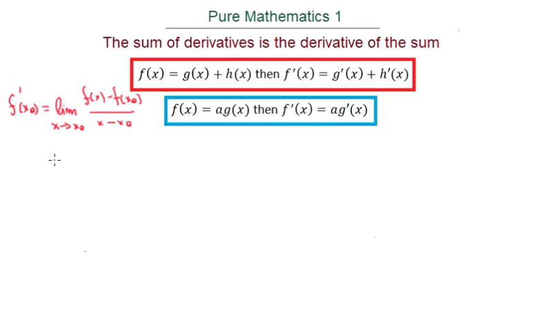Well, let's see. We'll take the case of a function f of x, which is 3x squared plus 5x. We will remind ourselves what we've learned previously, the fact that the derivative of x to the power of n, where n is any integer, is equal to n times x to the power of n minus 1.